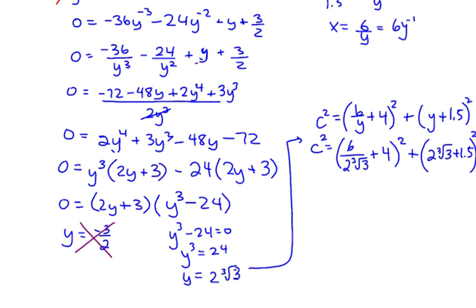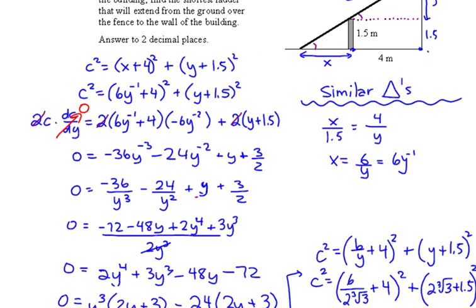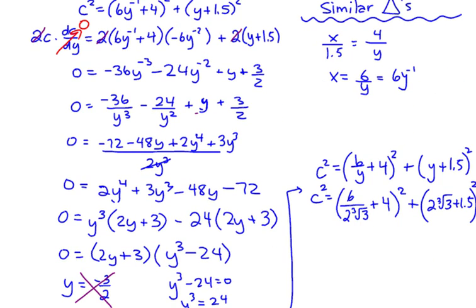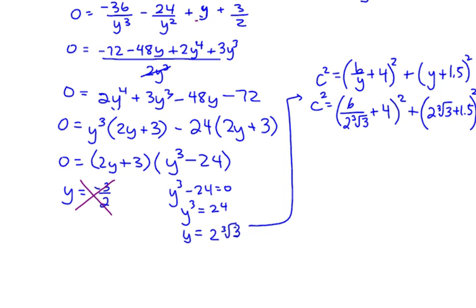You could also just figure out what y is as a decimal, and then plug it into this step. Sure, I'll show you in a second. It should be 7. So square root it. 7.49.